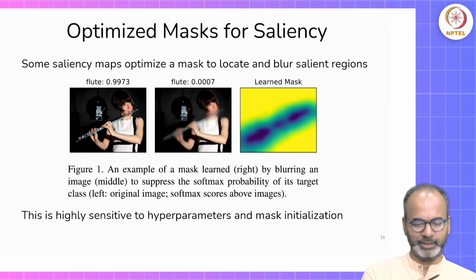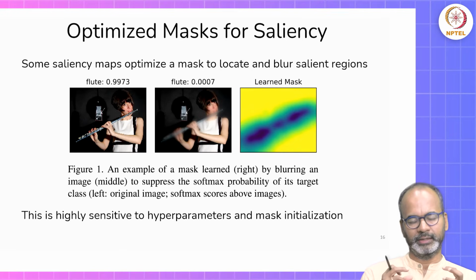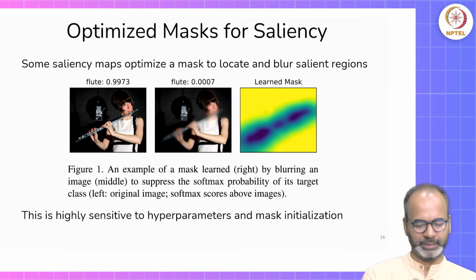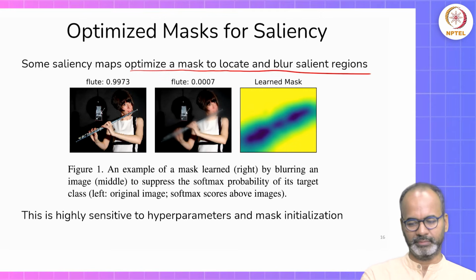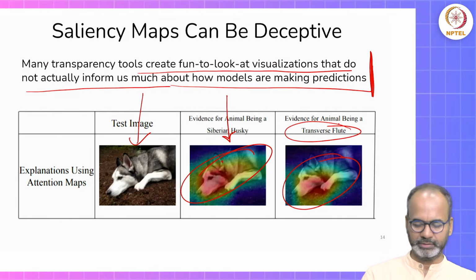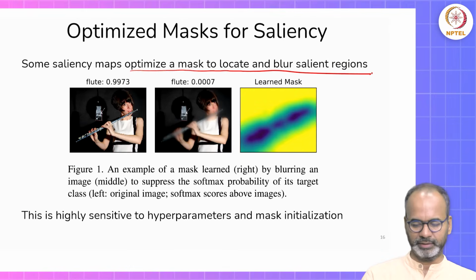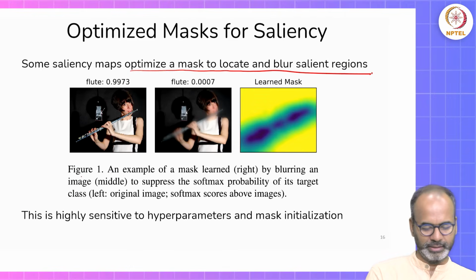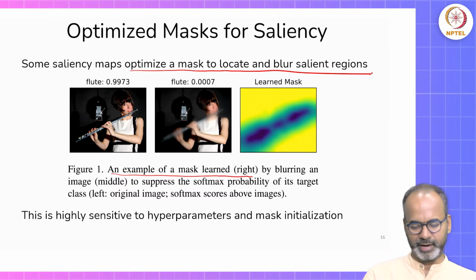Here are more optimized masks for saliency, showing how you can build on this idea for pixel attribution. Some saliency maps optimize a mask to locate and blur salient regions. If you see here, this is not blurring, whereas in this method, here is an example of a mask learned by blurring the middle of an image.